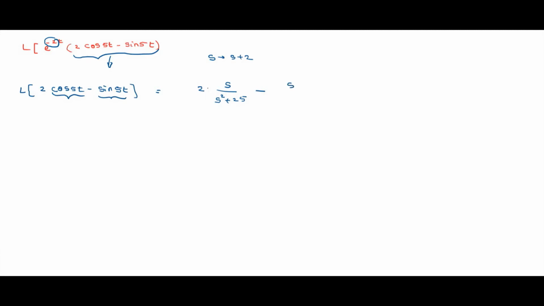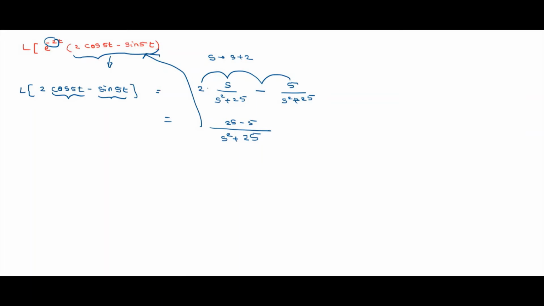It is the constant 5 divided by s square plus 25. If you take the LCM and simplify, here the LCM is s square plus 25, and then the numerator 2 into s is 2s minus 5. So in total we can write it as 2s minus 5.